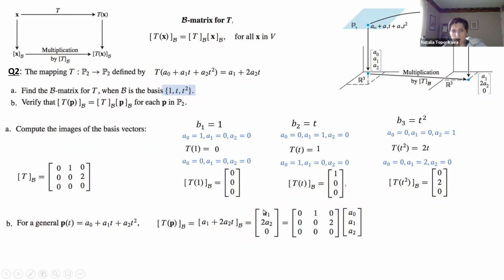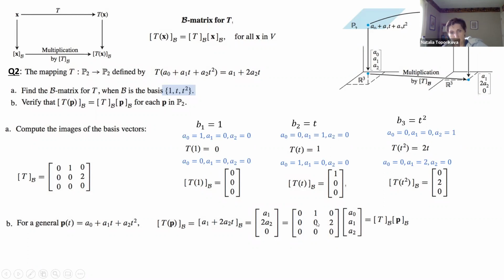Okay, let's just do the product of the matrix and the vector. Our first row multiplied by the column will give just the first value, A1, which is exactly the same as in the previous column.